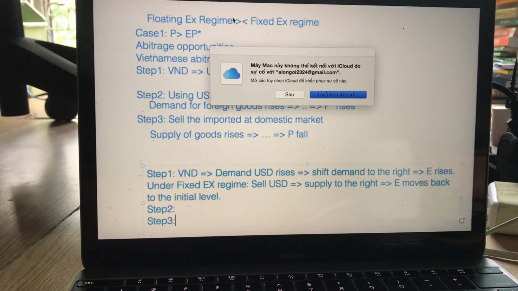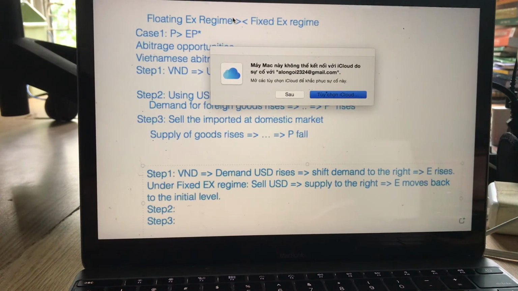So under the floating exchange rate regime, the main factor that achieves the law of one price is the movement in the exchange rate. Because the movement in the exchange rate is bigger and faster, it contributes most to achieving the law of one price.